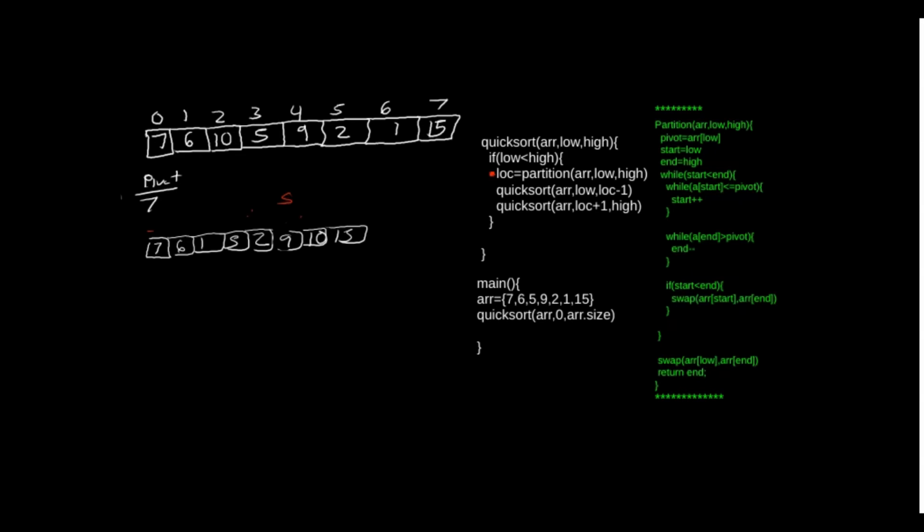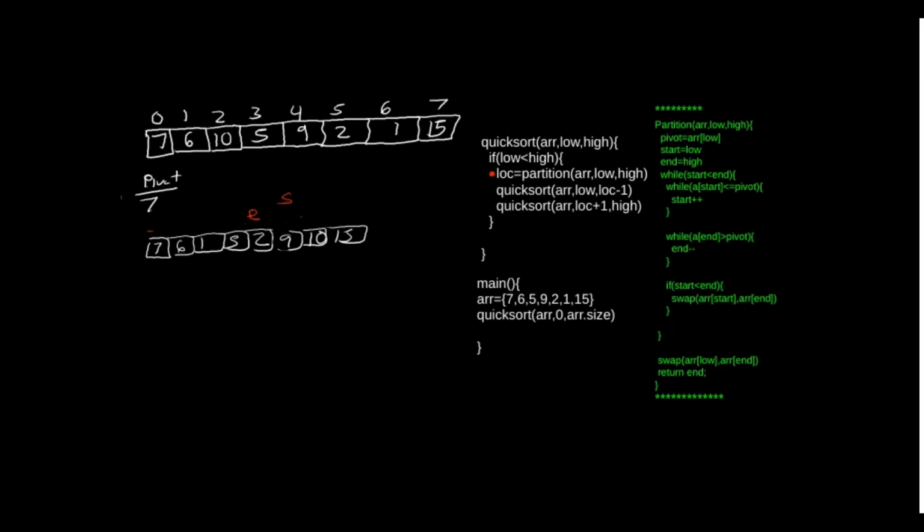Yes. Is 2 greater than 7? Nope. So we reach the end of this loop. Start is not less than end. So we exit the loop and we do the swap.